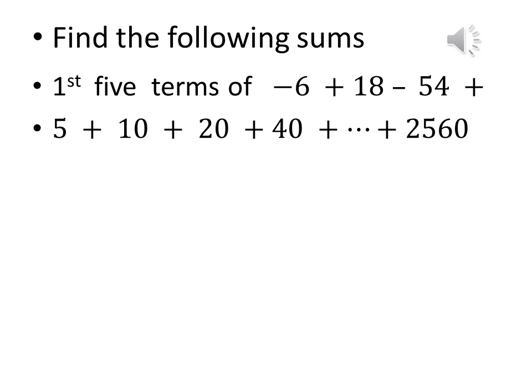Second example: 5 plus 10 plus 20 plus 40 and so on. Is it arithmetic? No, not arithmetic. It is geometric, because 10 over 5 equals 20 over 10 equals 40 over 20, so each term is multiplied by 2. What's the nth term?